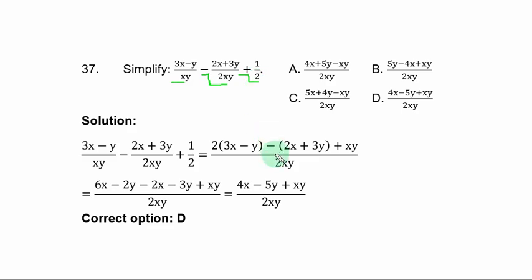And that LCM is 2sy. This is what happens next. You divide the LCM by each denominator and multiply your answer by the numerator. So you have 2sy divided by sy, you have 2 times this numerator.